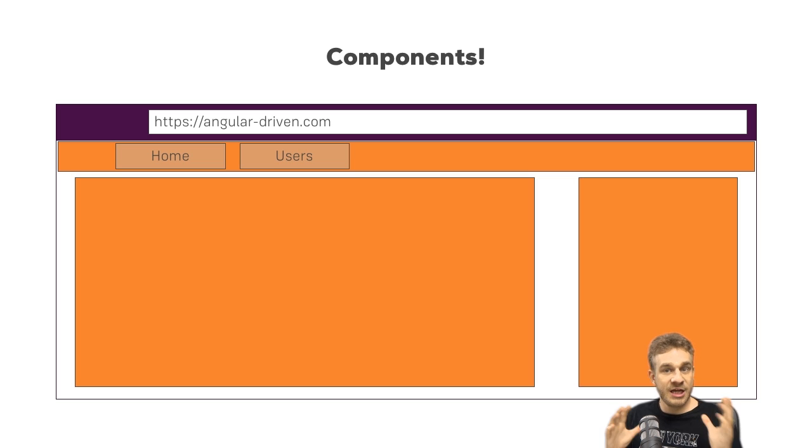Build components. Each component has its own template, its own HTML code, maybe its own styling, and more importantly also its own business logic. And this is the great benefit. It allows you to split up your complex application, your complex web page, into reusable parts. You may use a component more than once.